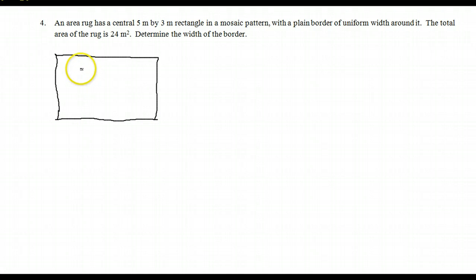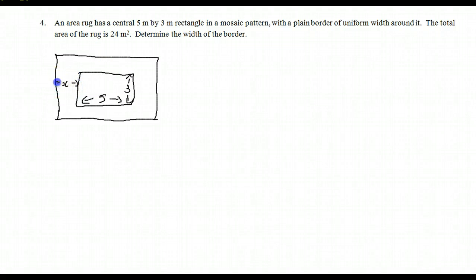So area rug has a central 5 by 3 meter. So let's just draw something in here. So we'll call this 5 going this way, and 3 going this way. And a uniform border around it.